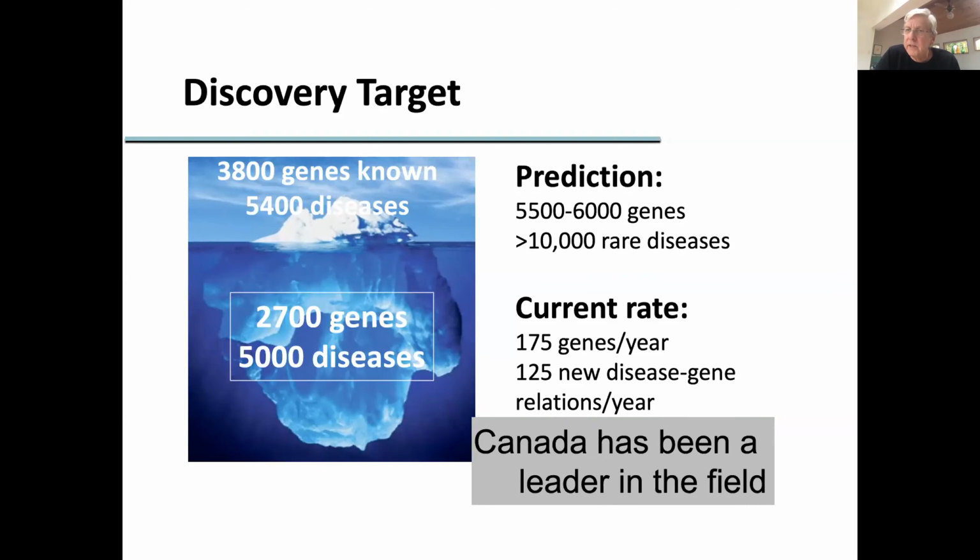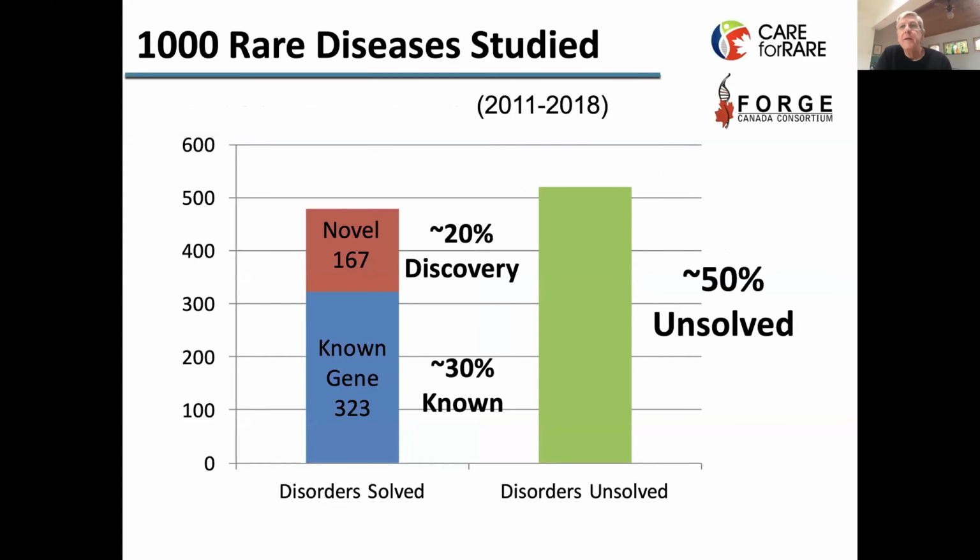And I just want to quickly go through a little bit. Canada has been a significant contributor in the field, has been a leader in the field. And these have already been mentioned, the efforts called Care for Rare and FORGE, over a period of about 7 or 8 years, were involved in trying to elucidate the variants for about 1,000 rare diseases.